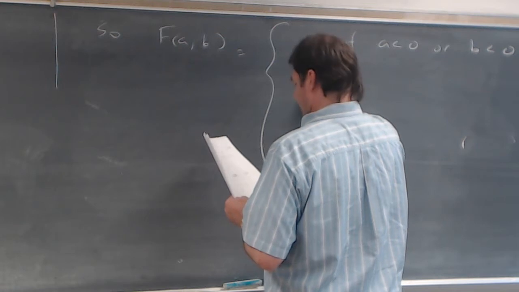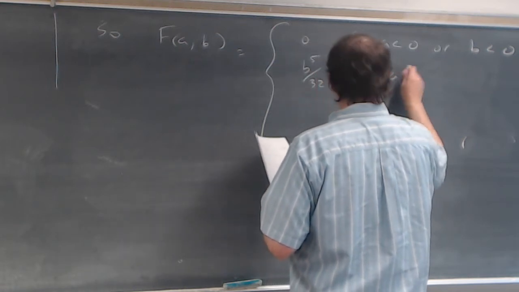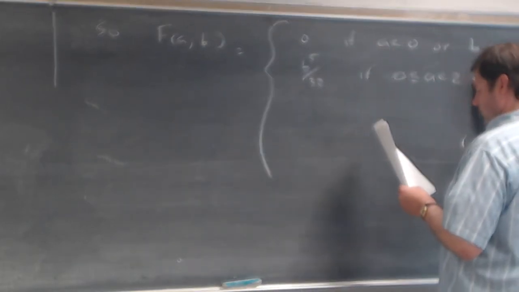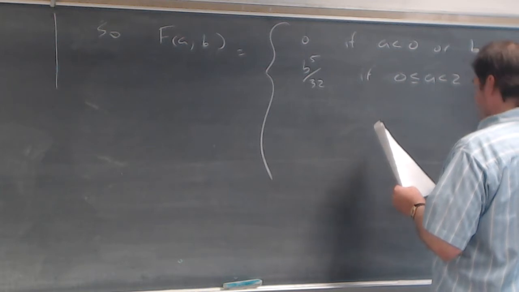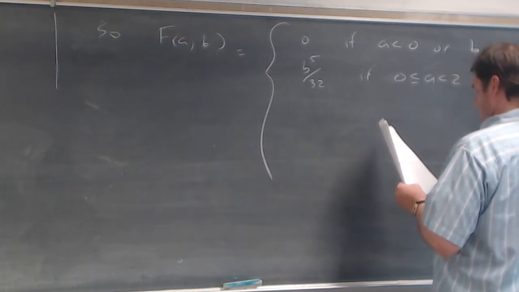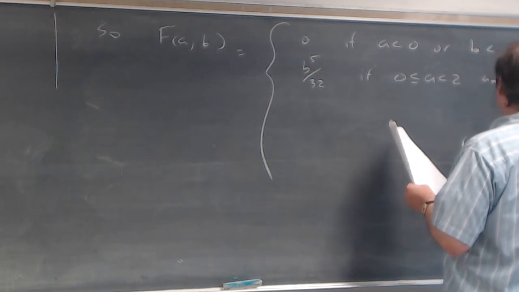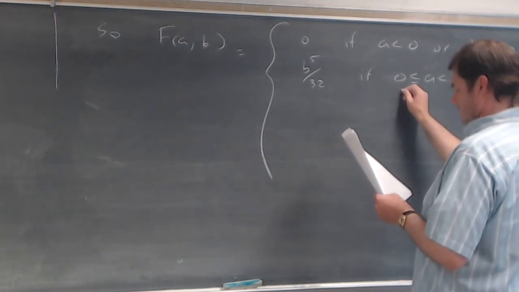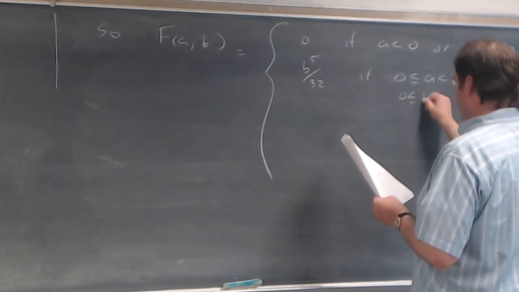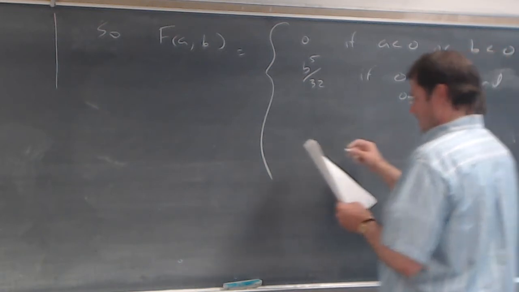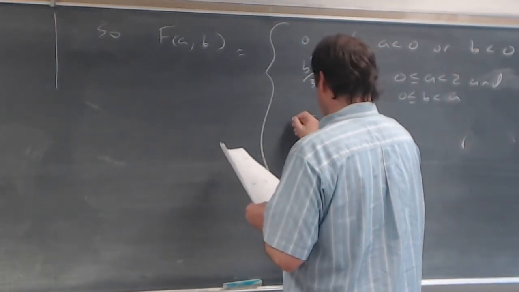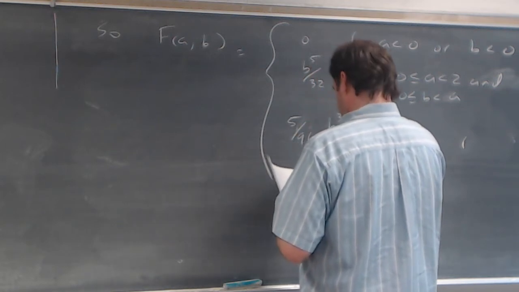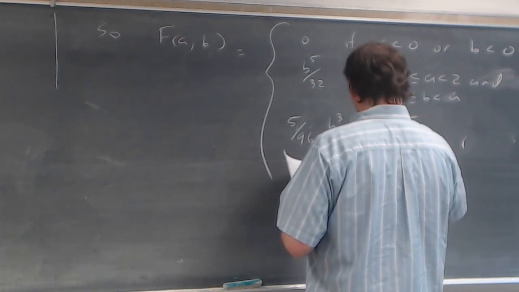It's b to the 5th over 32 if 0 is less than or equal to a is less than 2, and in this case, 0 is less than or equal to b is less than a. And then here we had 5 over 96 times b to the 3rd a squared minus a to the 5th over 48.